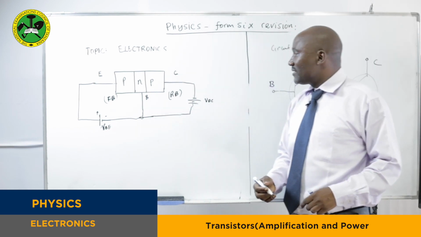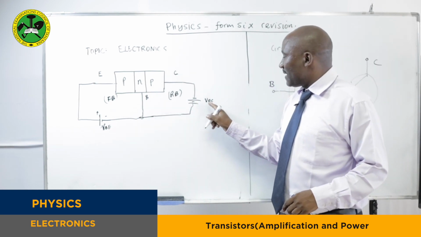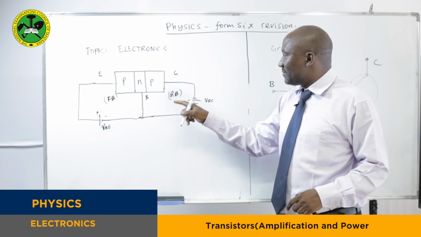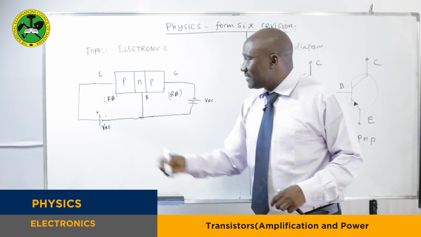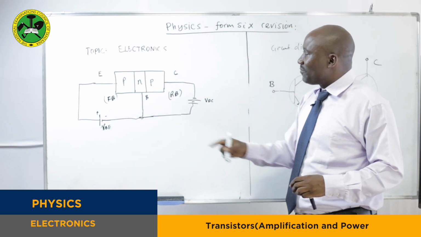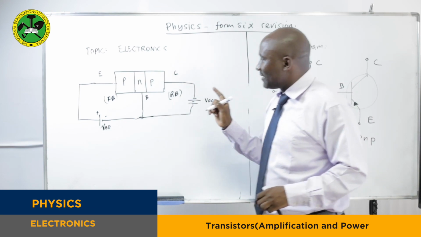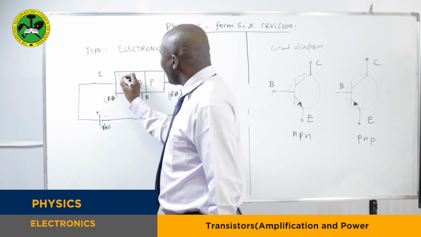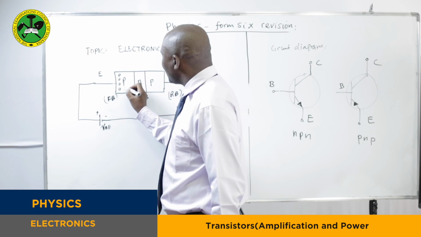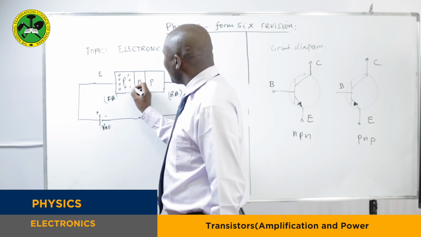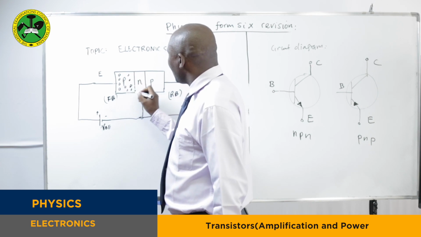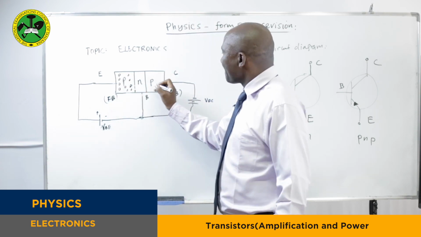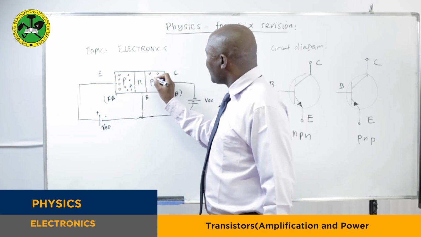We shall see the reason why we make the voltage across the base collector greater than the base emitter. Now, by this arrangement, you can see that inside here we have holes. The symbol we normally use for holes, and we have very few electrons here. Most of these are holes.